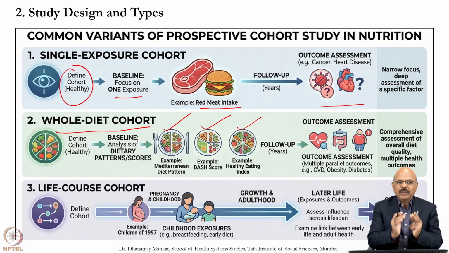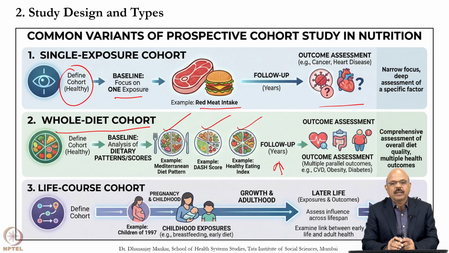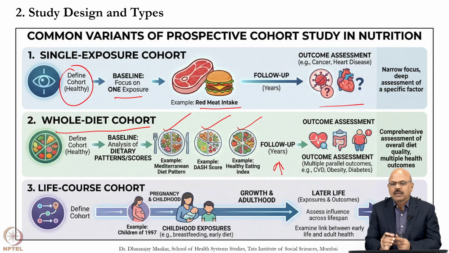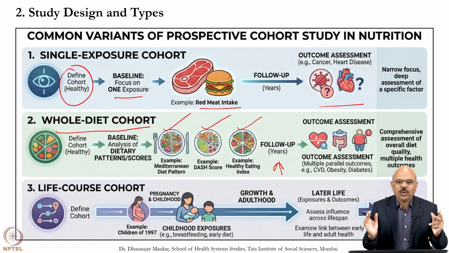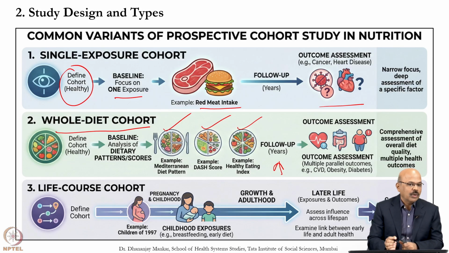The follow-up is also taken the same as in the single exposure cohort. It is also taken for years, and the outcome assessment covers multiple parallel outcomes like CVD, obesity, diabetes, cardiovascular diseases. The comprehensive assessment of overall diet quality and multiple health outcomes gives us more reasons to take the whole diet cohort.